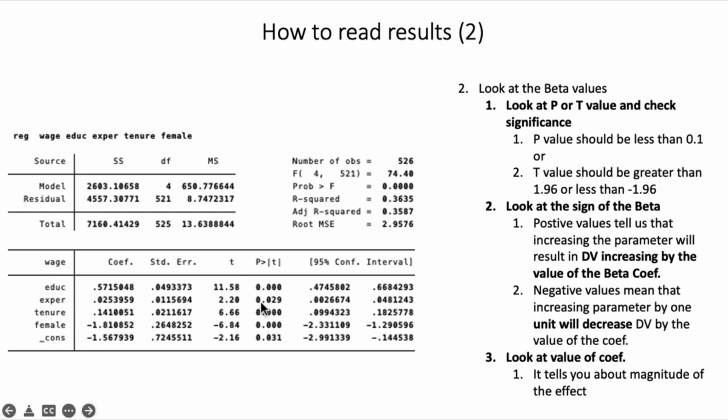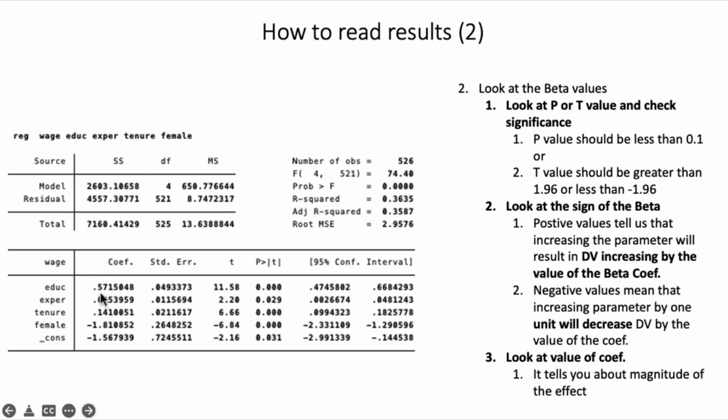You say that the impact of education on wages is insignificant if it was the case. In this case, it is significant and highly significant. So you look at the p-values, t-values, and check for significance. If the p-value is less than 0.1, you say it's significant. There is a significant impact of the independent variable on the dependent variable, and similarly, you can look at t-values if you want. Once you've identified that there is an impact, then you need to talk about the size of the impact.